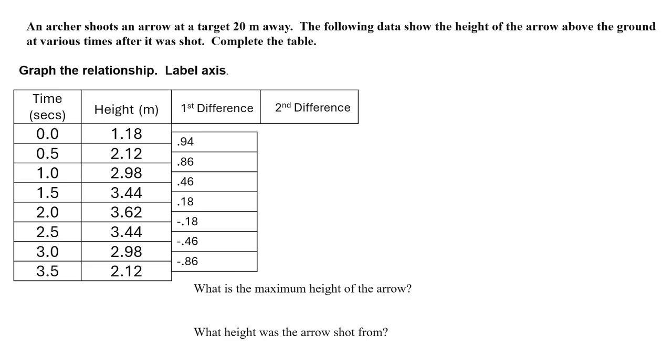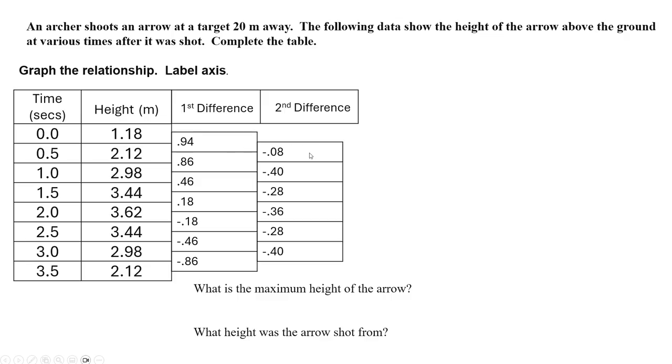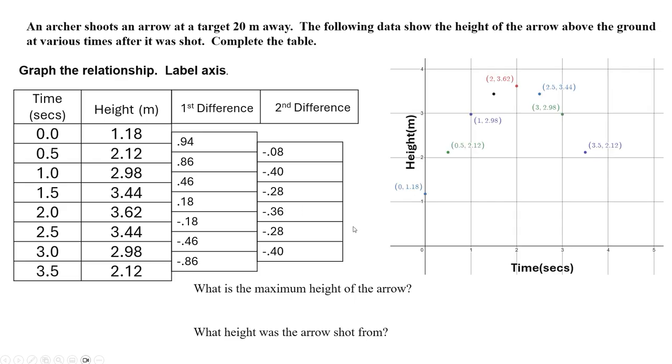Well, let's do the same with our second differences. 0.86 minus 0.94 gives us 0.08. 0.46 minus 0.86 gives us negative 0.40, and so on as we work down the second differences table. And you can see that none of the second differences are the same. So this is not a quadratic.